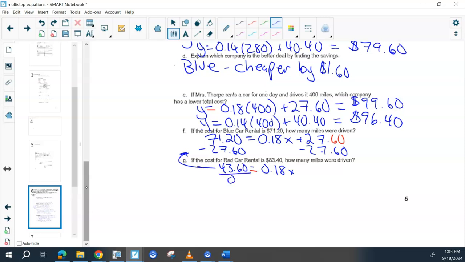And then if we divided both sides by 0.18, x was what? If you didn't get that, go ahead and do that right now.